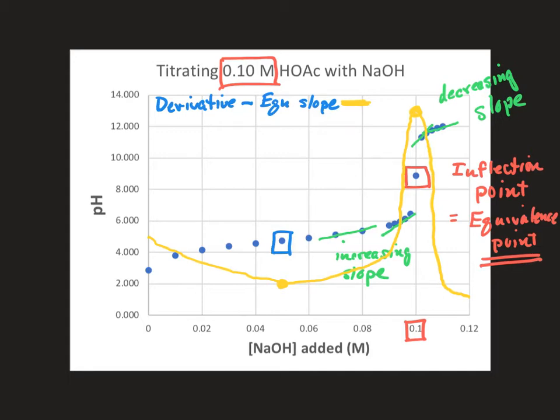Now, a minimum of something sort of broad like this is hard to evaluate, and hitting the exact maximum here can be hard to evaluate. So is there a mathematical way to make this even easier? We can take the derivative of the derivative equation and get the second derivative equation.